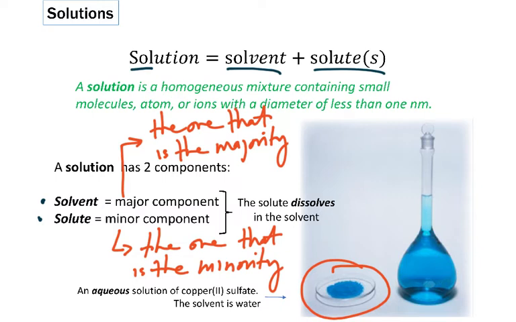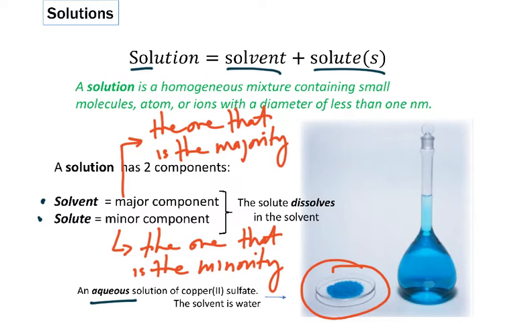And so if water is the solvent, it's called an aqueous solution. It's often named by the solute. So copper 2 sulfate would be dissolved into water, but it'd be called a solution of copper 2 sulfate.